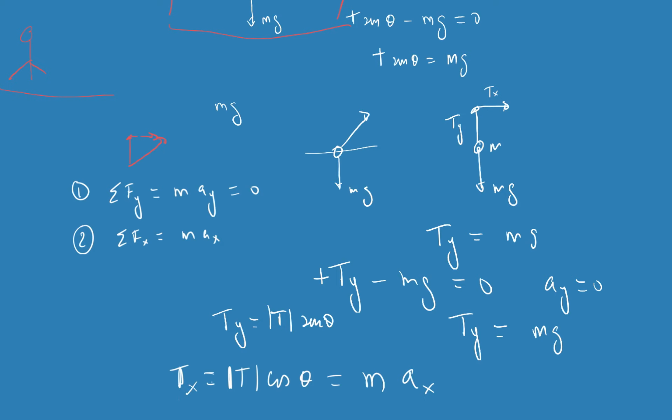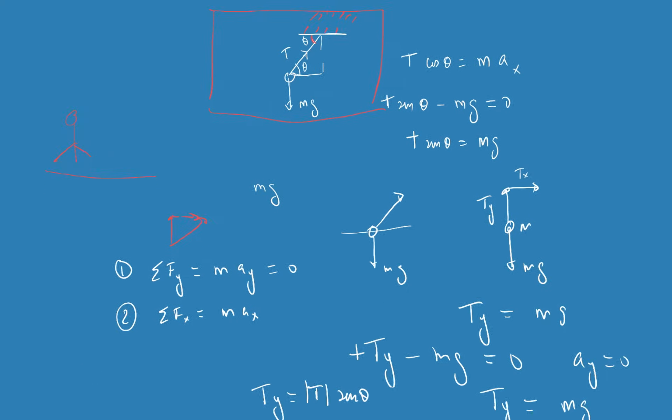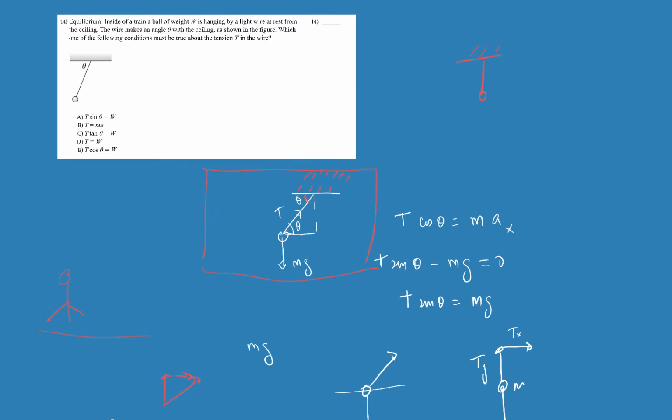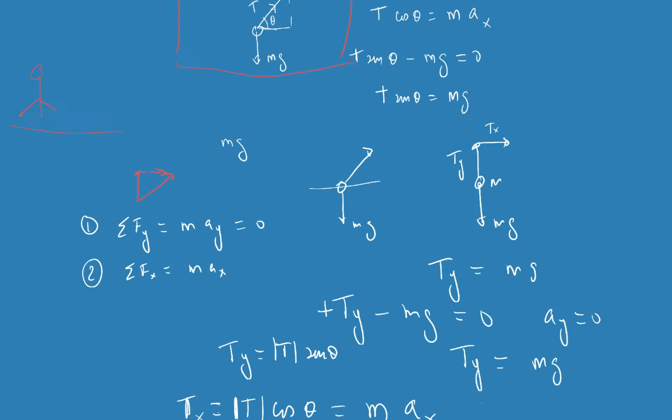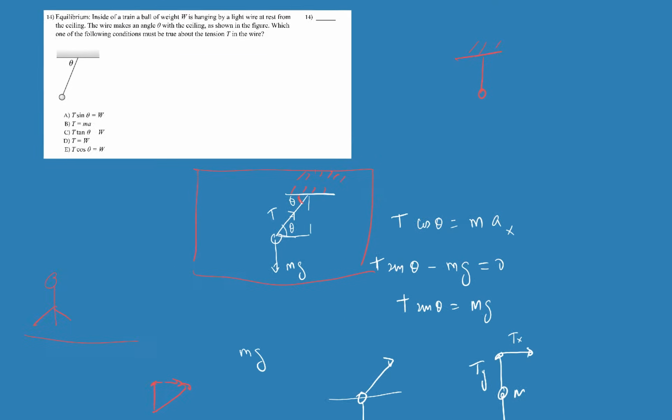Now let's go read what the problem is asking. Tx is T cosine of theta, and T cosine of theta is m by ax.